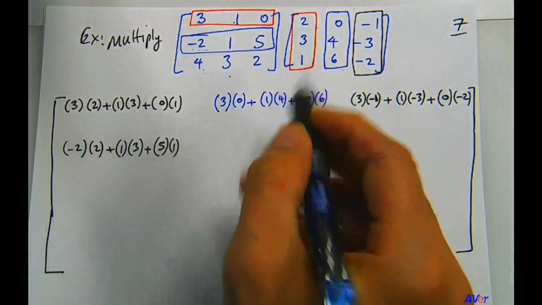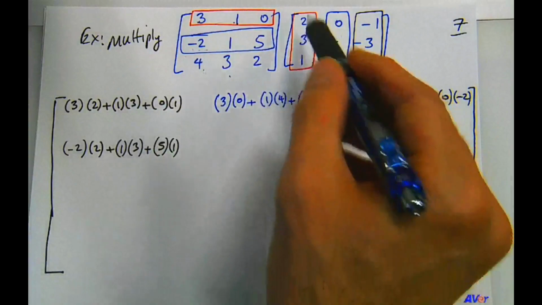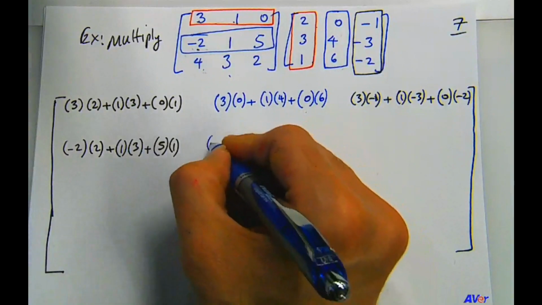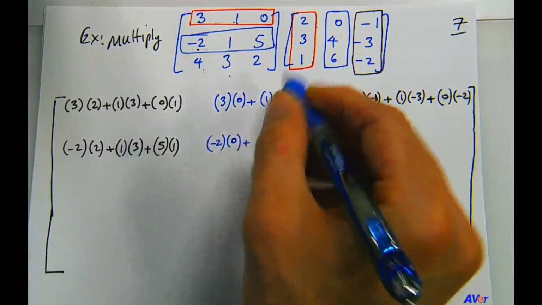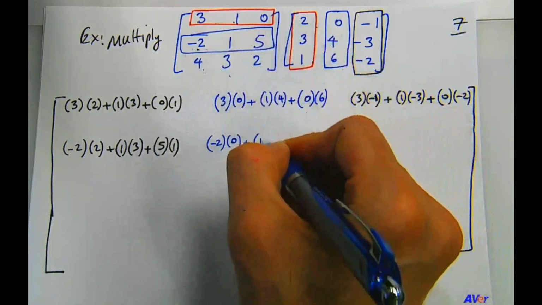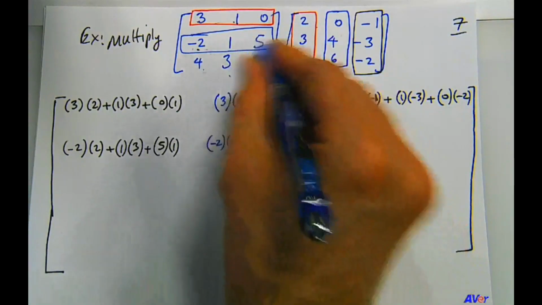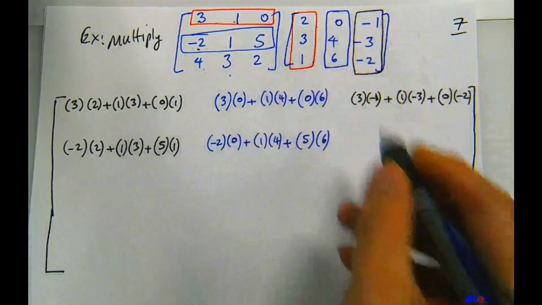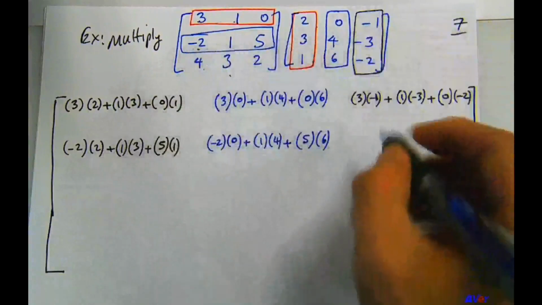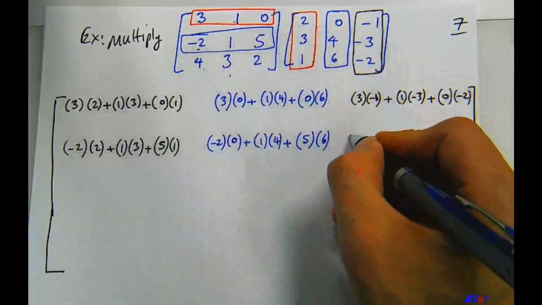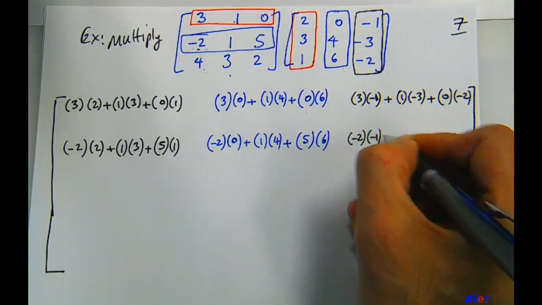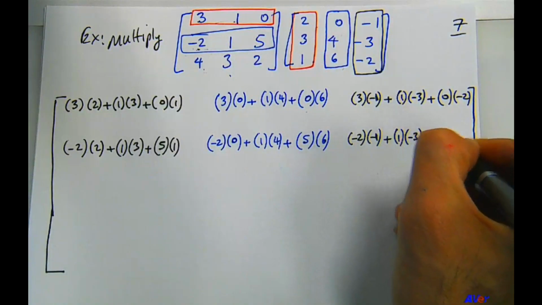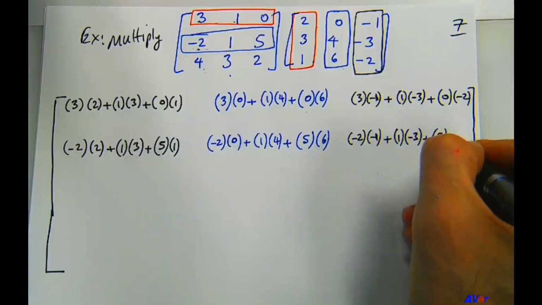Then the second column: negative 2 times 0 plus 1 times 4 plus 5 times 6. All right? Then the third column. This row, the second row, multiplied by the third column. So negative 2 times negative 1, 1 times negative 3, 5 times negative 2.